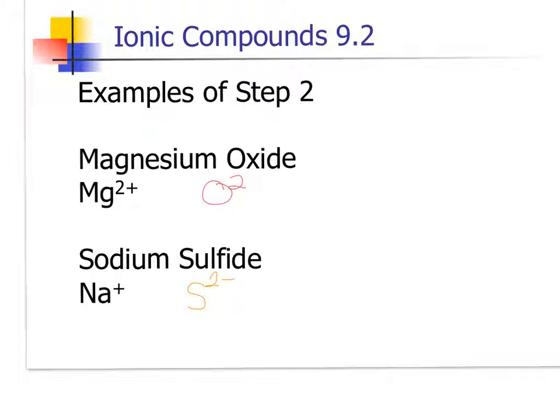Now when we look at this, we see that the charge for magnesium is a +2 and oxide is a -2. Those add up to 0. So when we write the full formula, we have MgO.